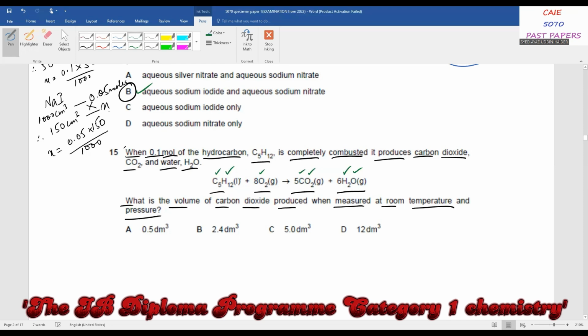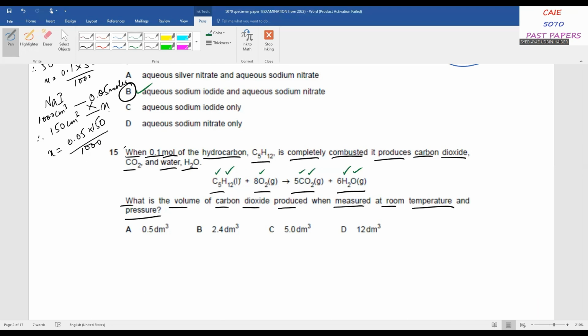Now let's proceed. They are asking what is the volume of carbon dioxide produced when measured at room temperature and pressure. The moles of C5H12 is given. So we'll write C5H12 gives 5 moles of CO2. So 1 mole produces 5 moles of CO2.